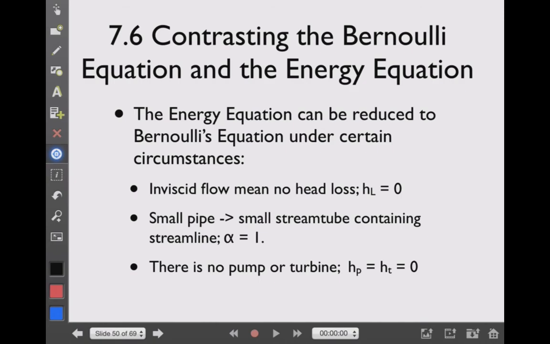So the final thing is to just state that the energy equation can actually be reduced to Bernoulli's under certain circumstances. If we have no head loss, if we have inviscid flow, then the head loss is 0. If we don't have pumps or turbines, then those terms cancel out. And wherever we have alpha equals 1, then the equation will just reduce right back to Bernoulli's equation.